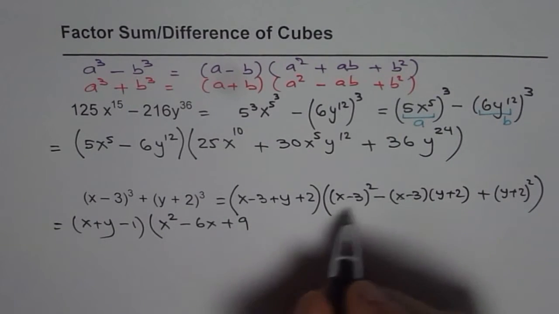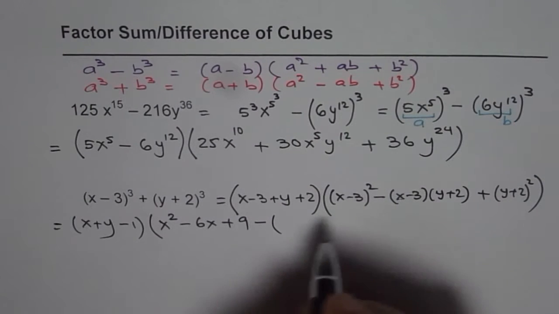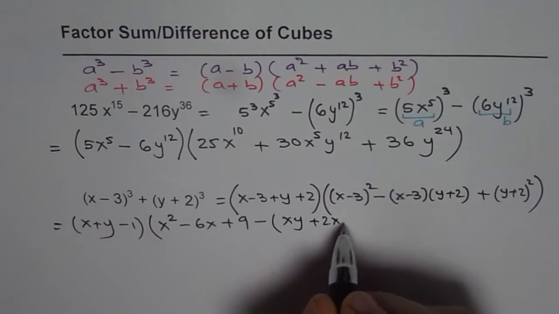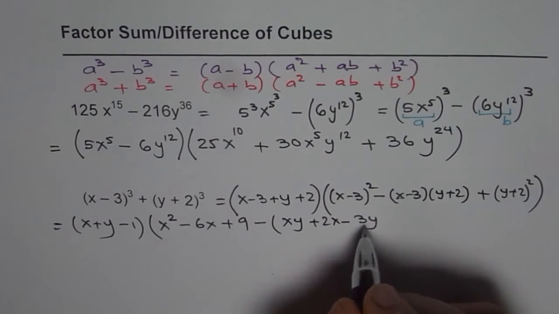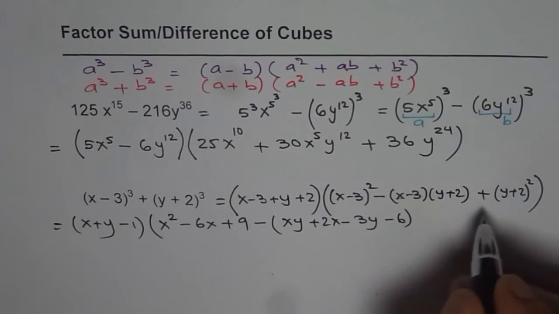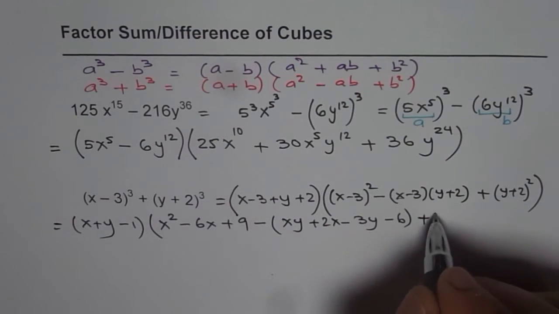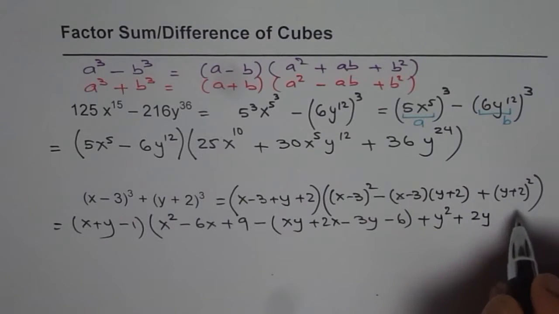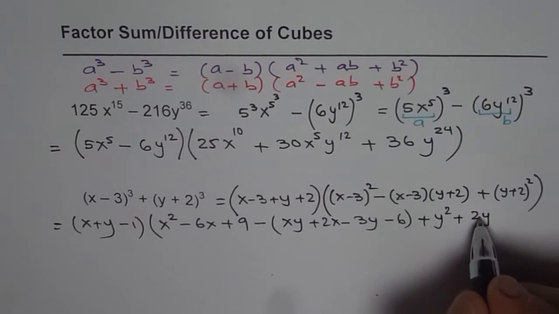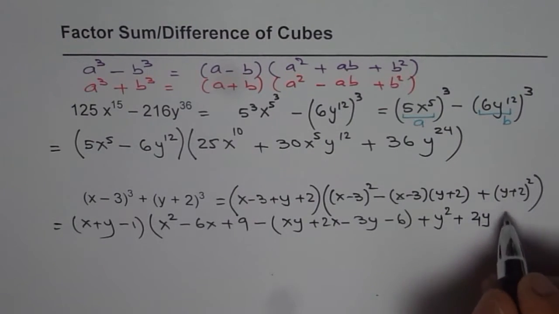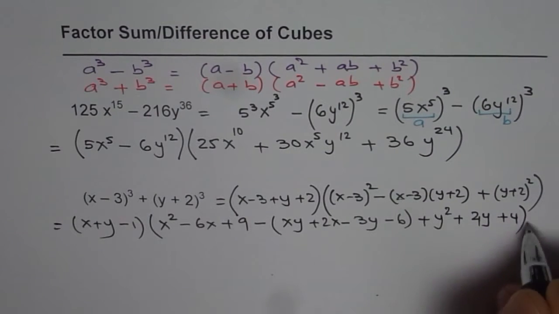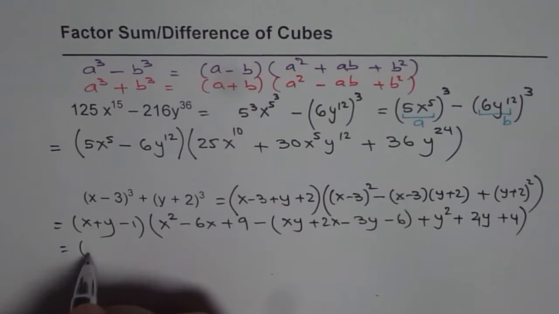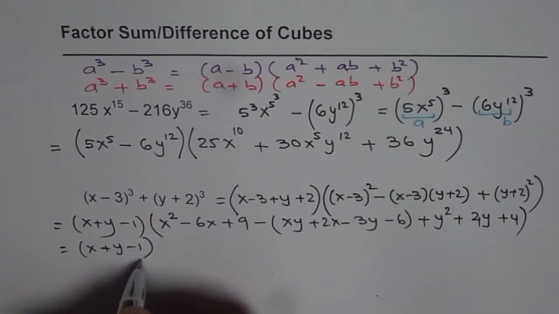Let's write them in brackets, negative xy, minus 2x, minus 3y, and then we have plus 6, plus y squared plus 4y, 2 times 2 times y, plus 4, correct? So that becomes the second factor. Now we can open these brackets and simplify. We get x plus y minus 1.